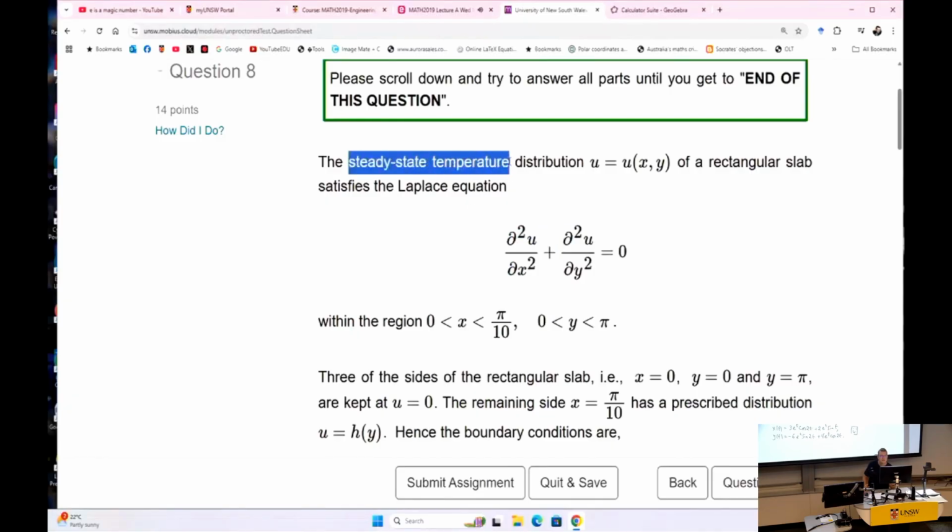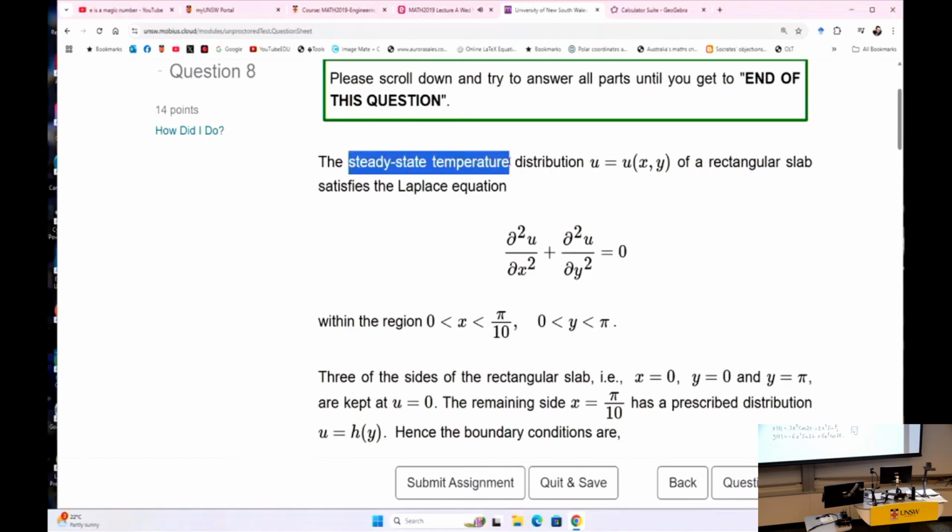They also talk about steady state temperature. So basically you've got a rectangular bar or something, and each point in that bar there's a temperature. It's two-dimensional. What do we mean when we say steady state? Does anybody know? It's an equilibrium. Yeah.